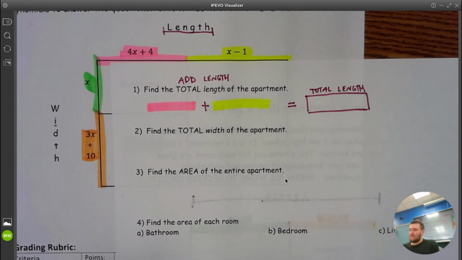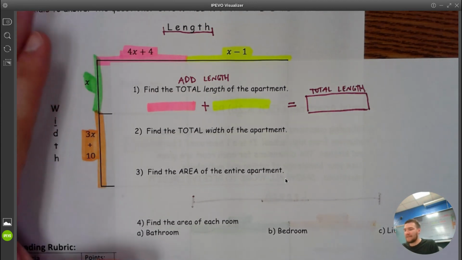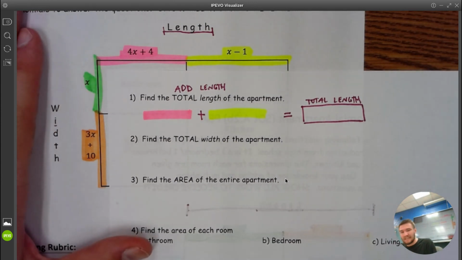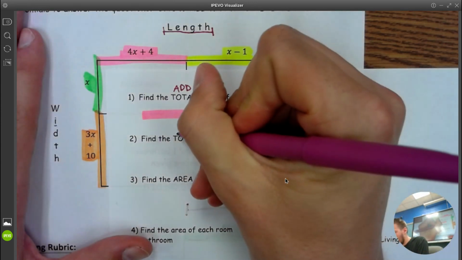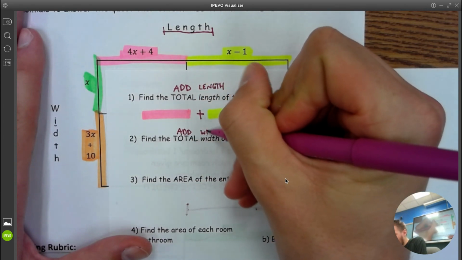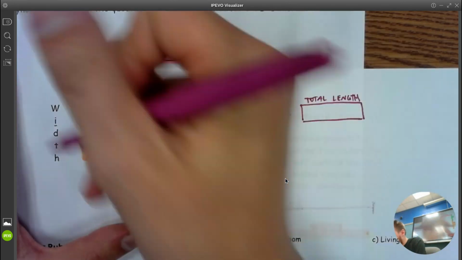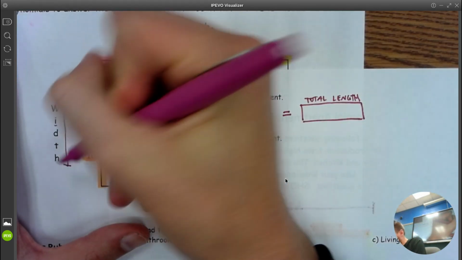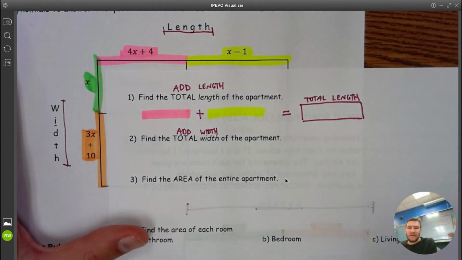Okay? Number 2 says find the total width. And this should feel like a really obvious kind of thing that you should do. Number 2 is the easiest question on the whole worksheet. We need to add the width. And of course, the width is this written up and down kind of in a weird way thing over here.